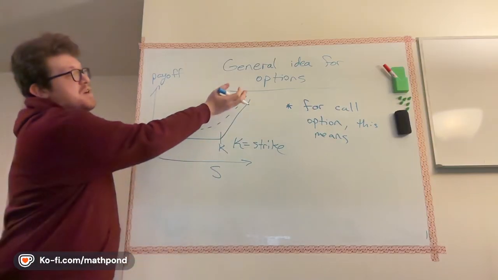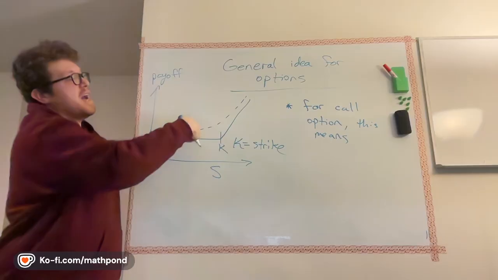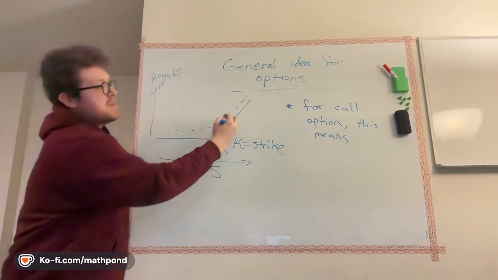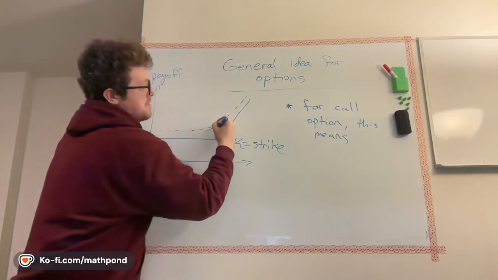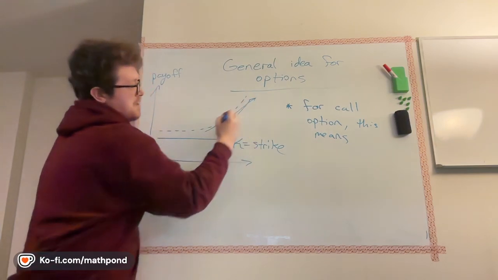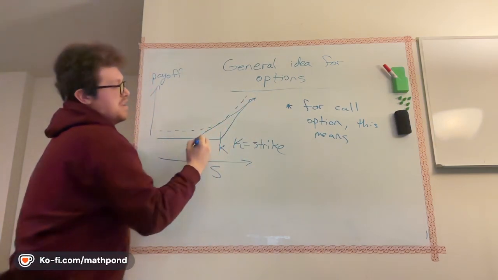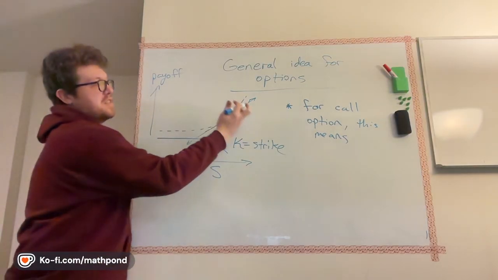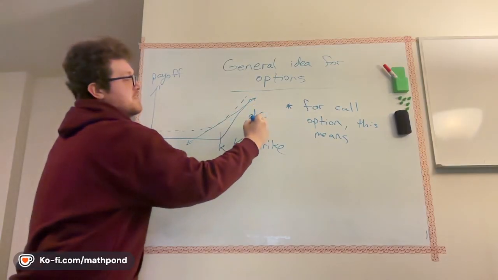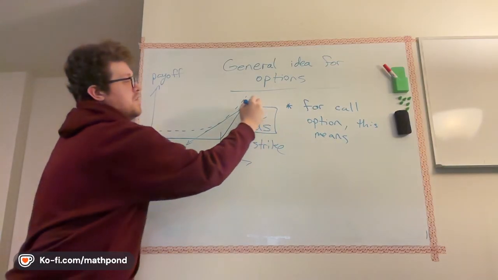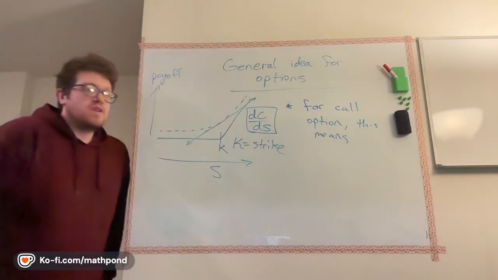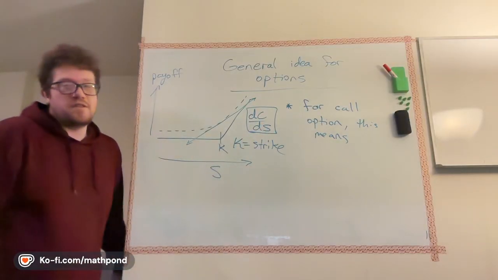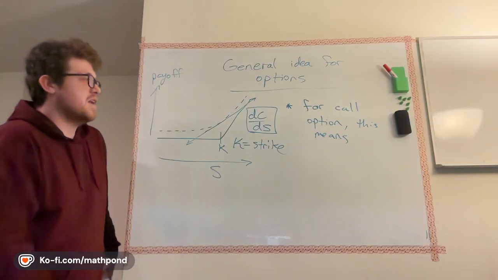You'll be buying it when it's going up and selling it when it goes down. You're really thinking of the derivative of this curve, the theoretical value of the option. This is your dC/dS I was talking about, in the continuous version.